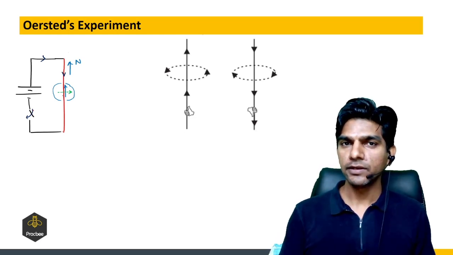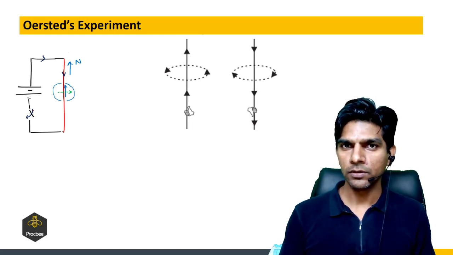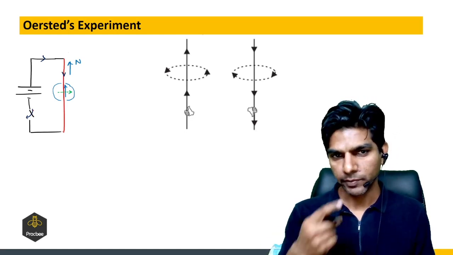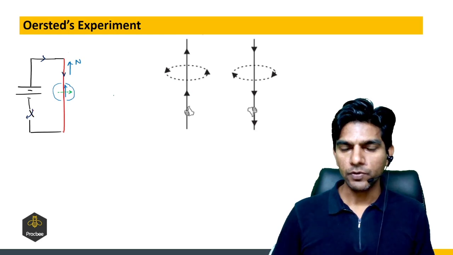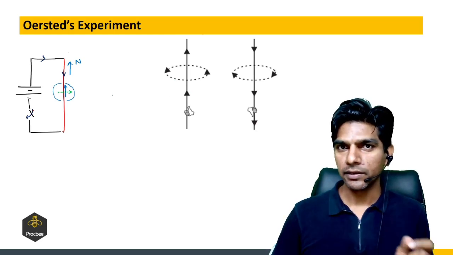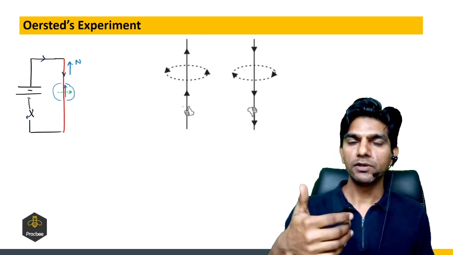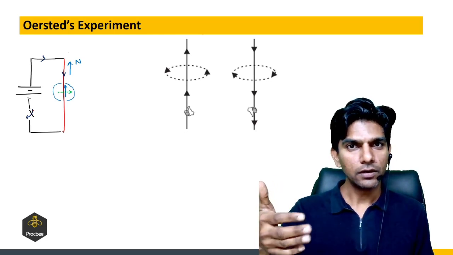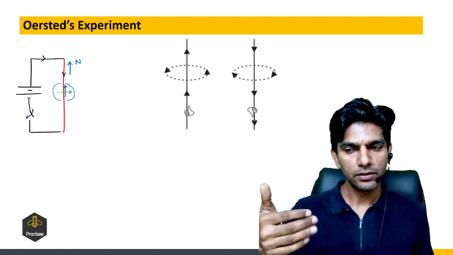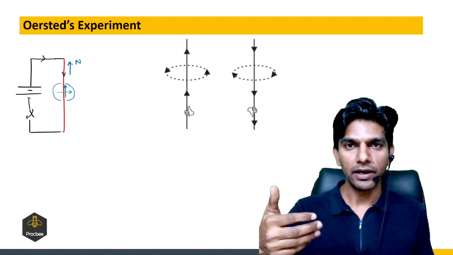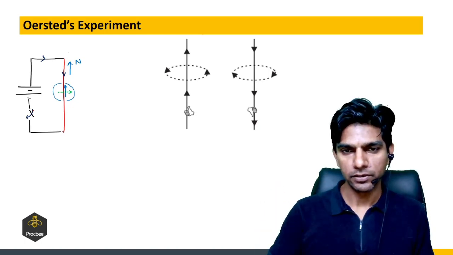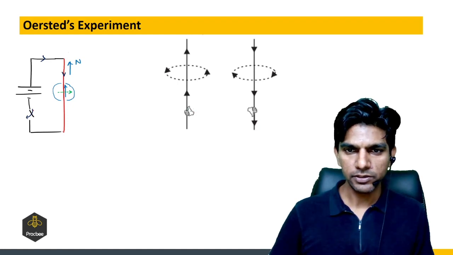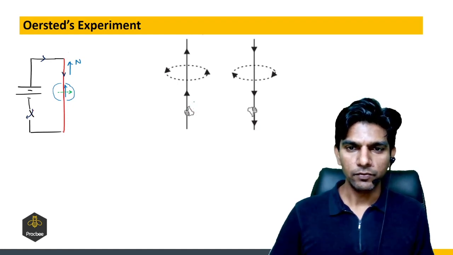With this deflection, Oersted was able to figure out the direction of the magnetic field. So how can we find the direction of magnetic field by a current carrying wire? We can put our thumb in the direction of the current, and if we curl our fingers, then the direction of the curl will give you the direction of the magnetic field. For example, in this case, thumb is pointing in the upward direction and we are curling fingers in this direction, right?